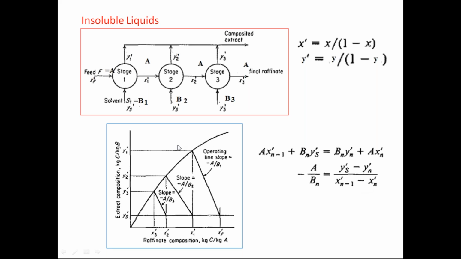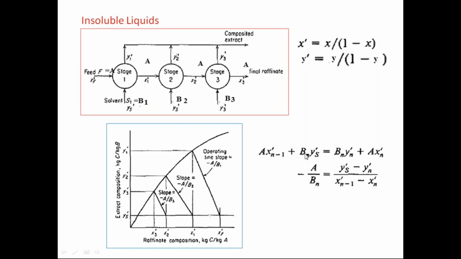So for stage 1, if n is equal to 1, then minus A by B1 is equal to ys prime minus y1 prime, divided by xn minus 1 prime, that is xf prime, which is entering into the nth stage, minus xn prime, that is x1 prime. This results from the material balance of the solute.